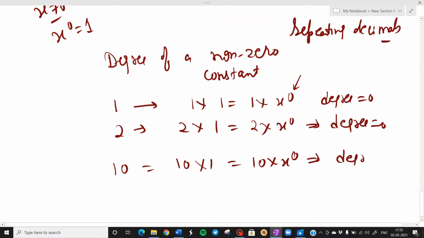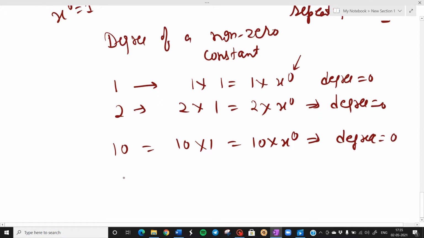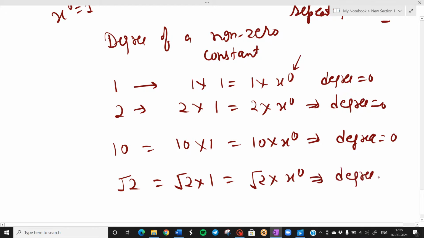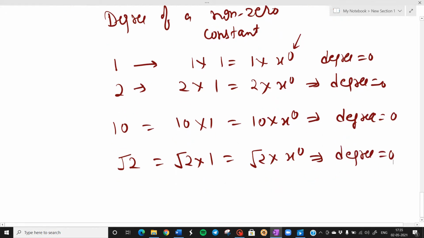So the degree will be equal to 0. I'm taking root 2. Root 2 can be written as root 2 into 1, further root 2 into x power 0. So we can say the degree is equal to 0.